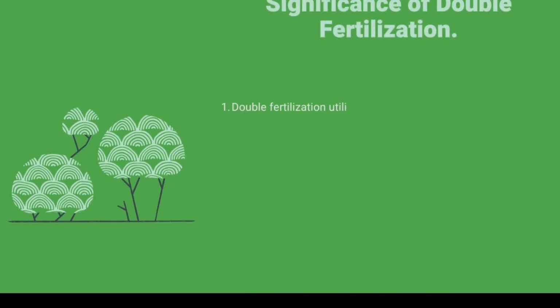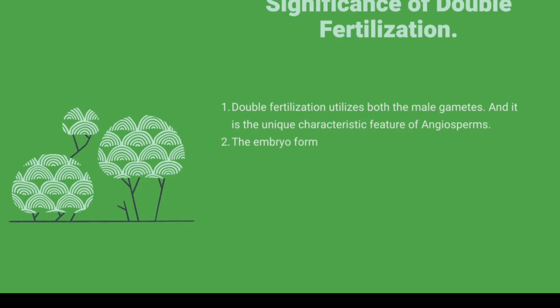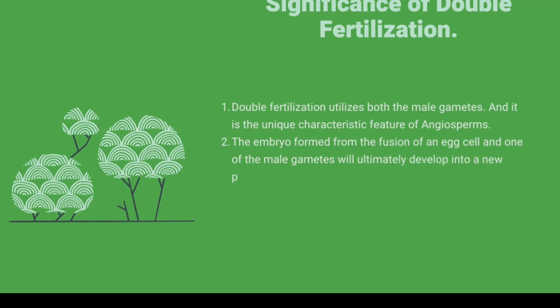Now let's see what are the different significances of double fertilization. This process utilizes both the male gametes and it is the unique characteristic feature of angiosperms. That is why the process is named double fertilization. The embryo formed from the fusion of an egg cell and one of the male gametes will ultimately develop into a new plant, because that process follows the formation of the embryo, the seed and the new plant.